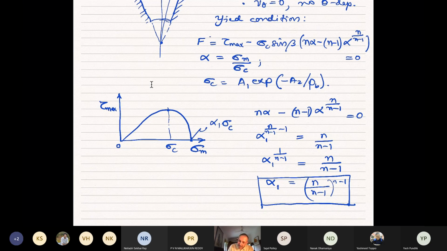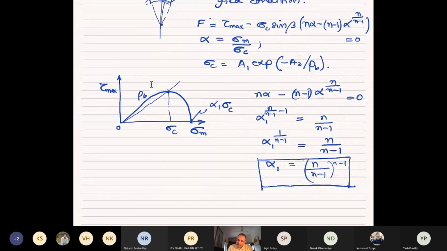And this is for a particular value of rho b. As you change rho b, you'll get a different curve. And so you'll have different states. And if you look at the line that is going through this point, you see that when this is sigma c, that means when alpha is equal to 1, sigma m is equal to sigma c.